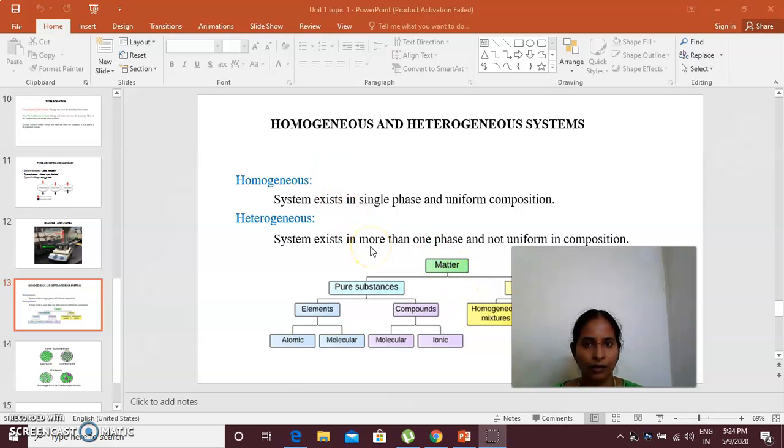Another way, we can also define homogeneous and heterogeneous systems. Homogeneity means a single phase with uniform composition. Heterogeneity means more than one phase and not uniform in composition.